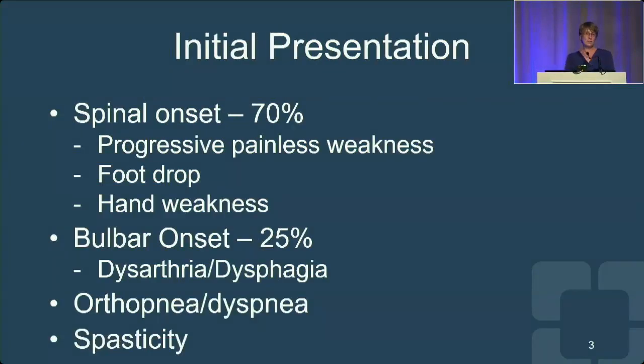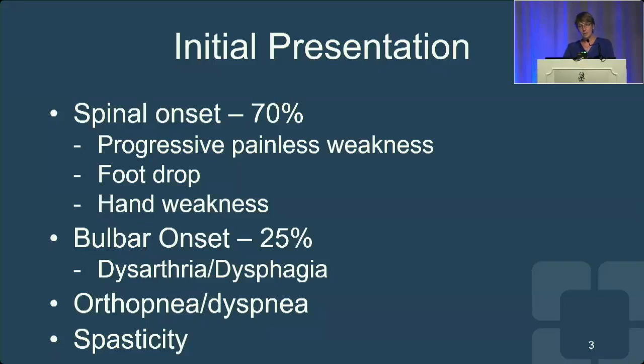So the initial presentation, for those of us who've been through the neurology board exam, the progressive painless weakness is really the thing that you end up seeing as the most common presentation. So the spinal onset type of ALS with foot drop or hand weakness, certainly can be proximal muscles, shoulder or proximal leg or anything like that. But that progressive painless weakness is most frequently what you're going to end up seeing coming into your clinic.